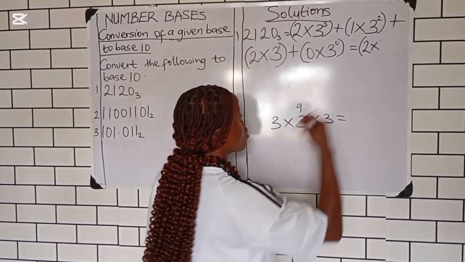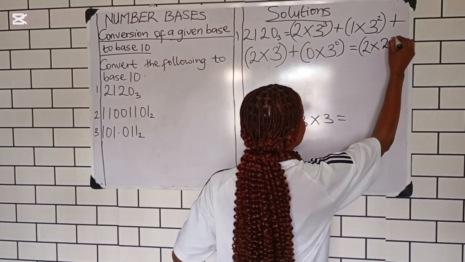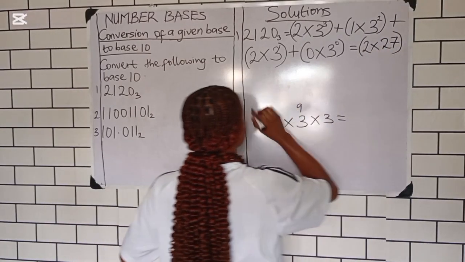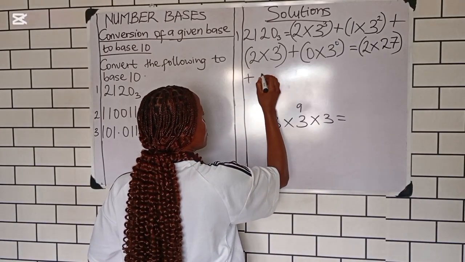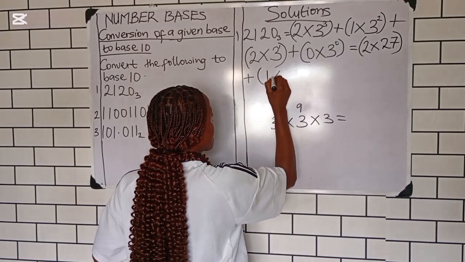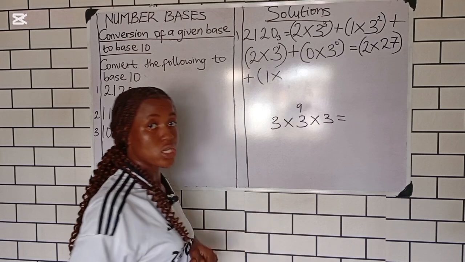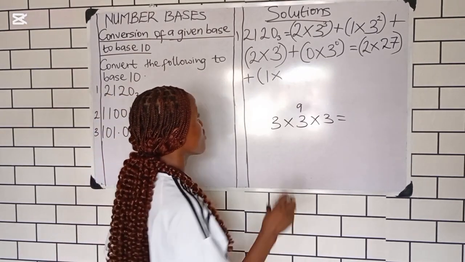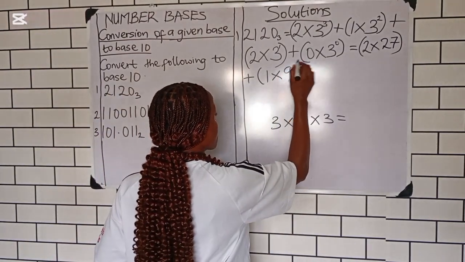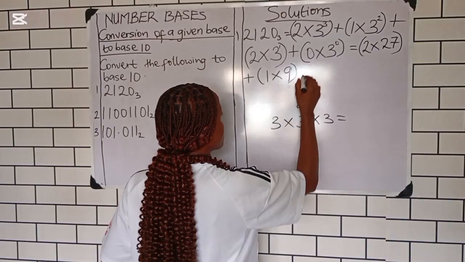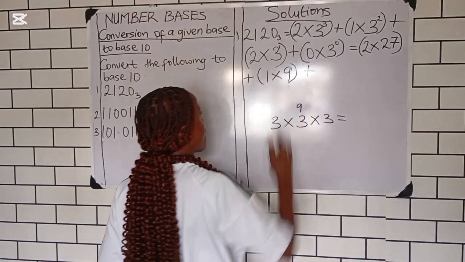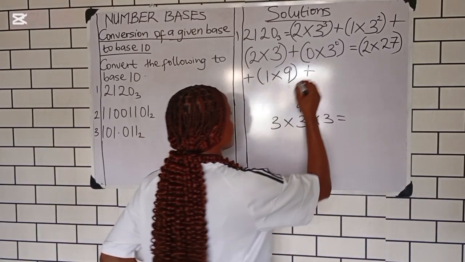Therefore, we have our 2 times 27, close bracket, plus open bracket, 1 times 3 raised to power 2 is 3 times 3, which will give us 9. Have your 9 here, close bracket, plus 3 raised to power 1 is the same thing as 3.